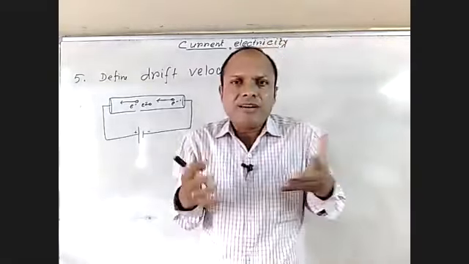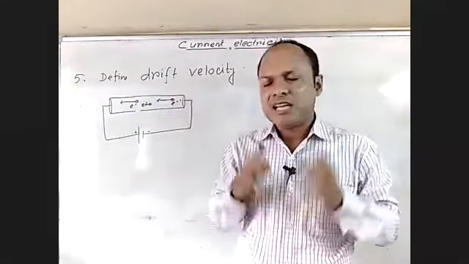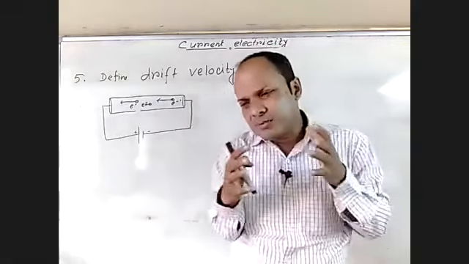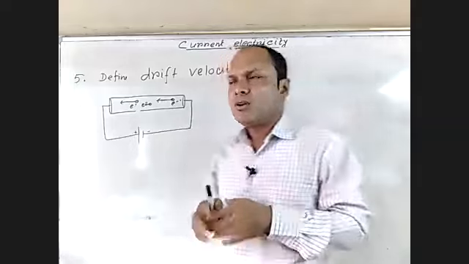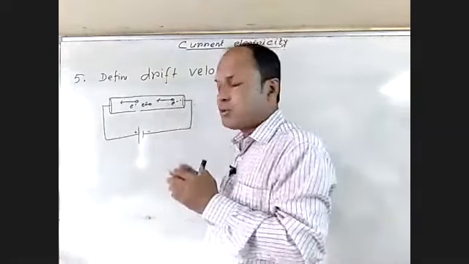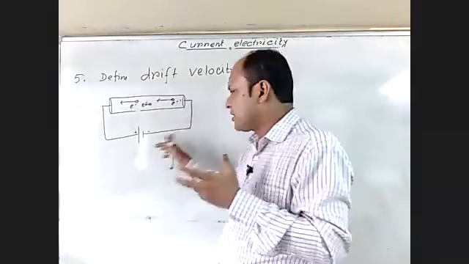Previously they didn't have any particular direction, they had random motion. Now all the electrons try to move towards the positive pole, and all the positive ions towards the negative pole.